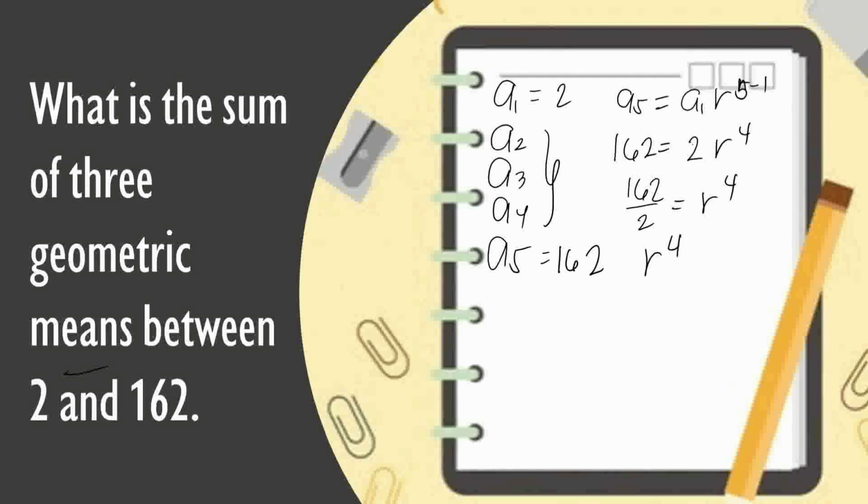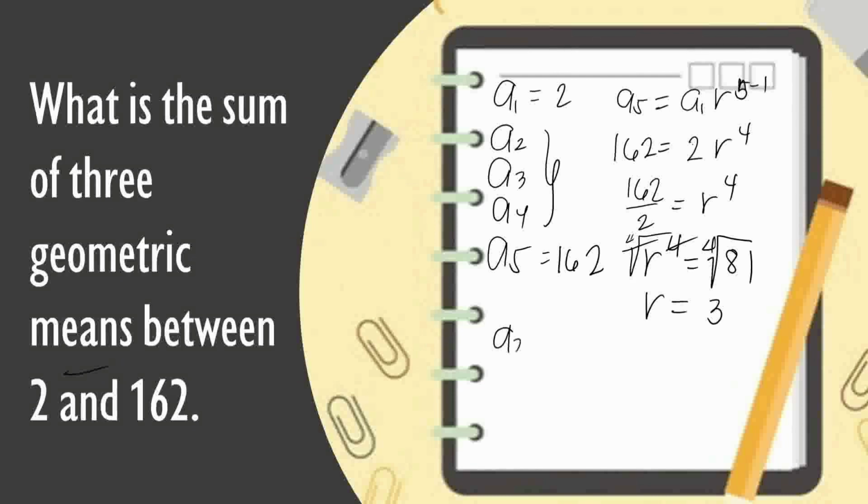So, r raised to 4 is equal to 81. So, hanapin natin dito yung fourth root ng 81. Maka-cancel to. So, yung fourth root ng 81 is 3. So, ito yung common ratio. So, nakuha na natin yung common ratio.